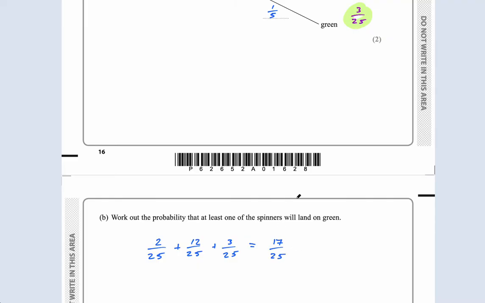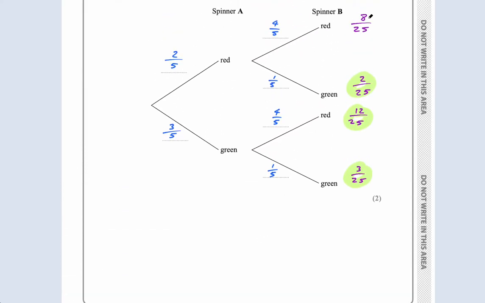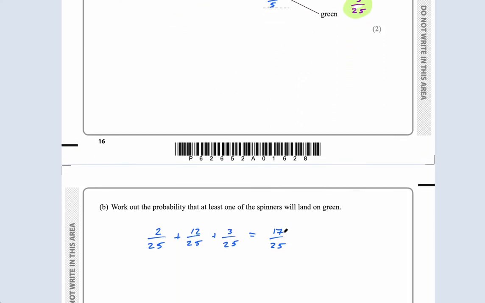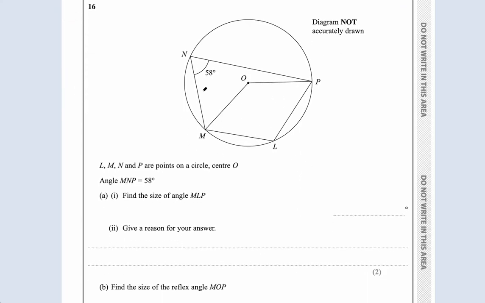Okay. You could also do it, guys, a quick way: the only thing it can't be is red. Therefore, 1 minus 8 over 25 gives me 17 over 25. Same answer.